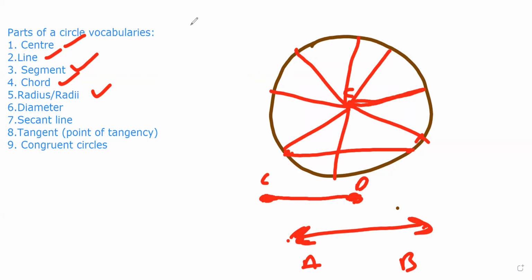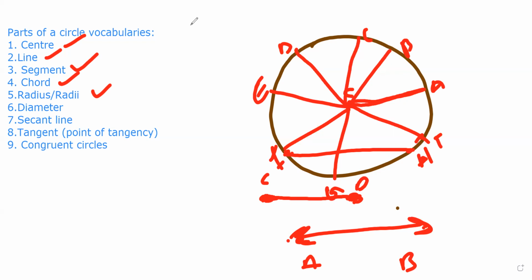We could name our radii. We could call these A, B, C, D, E, F, G, H, I. Remember that all of these radii are the same in length.